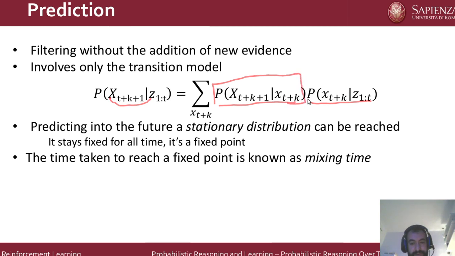Note that here we're just multiplying the transition function by our estimate. This is not actually our current estimate, but is already our prediction, our previous prediction. At a certain point, this will correspond to our estimate. If we do this in a recursive way, this will become our current estimate, and from there we will multiply the transition function, and then we'll obtain our first prediction.